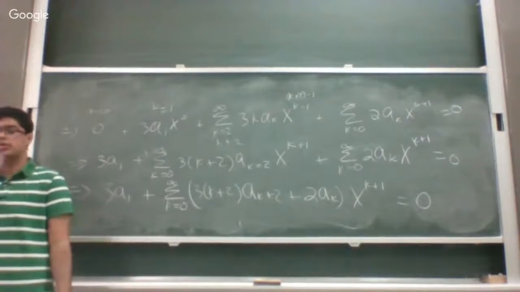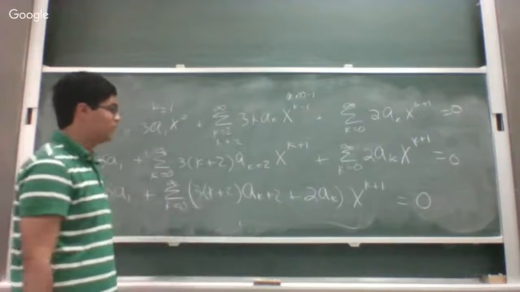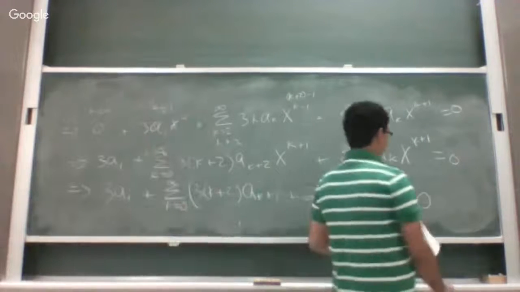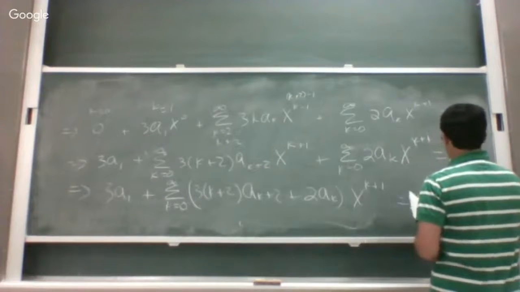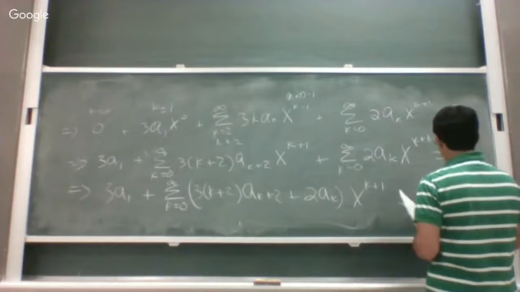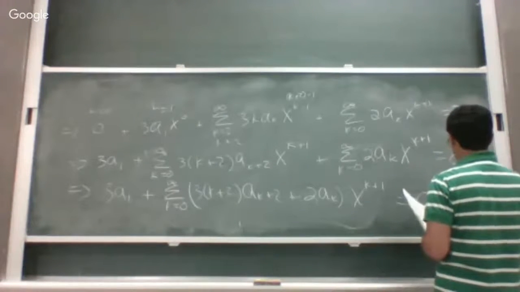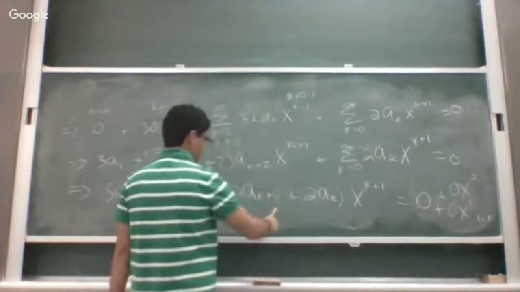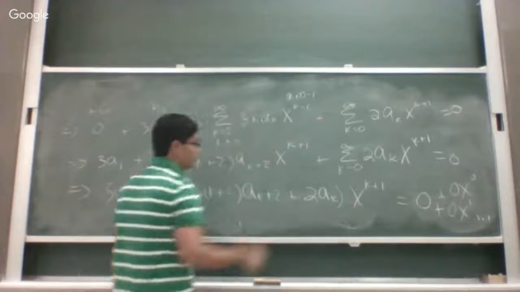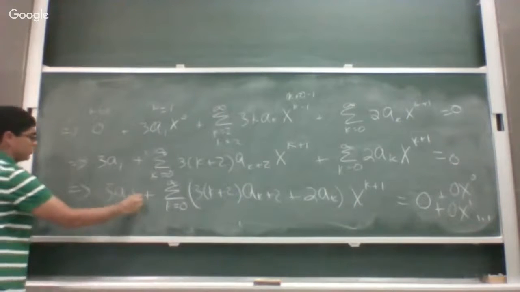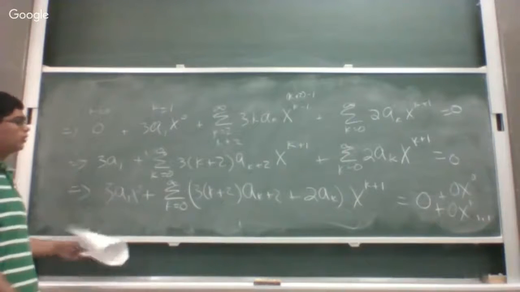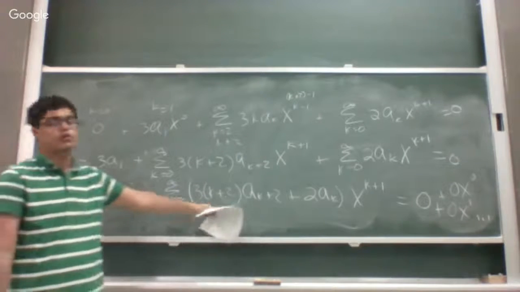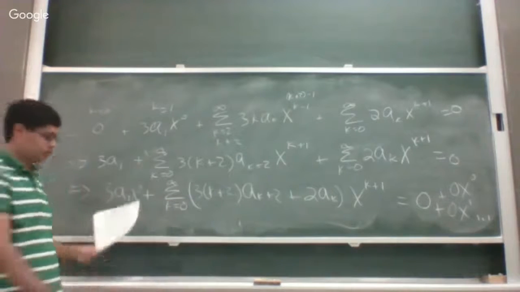Okay? Now you have to realize that this 0 means 0 plus 0 times x to the 0 plus 0 times x to the 1, dot dot dot. So any term here with an x component, each part equals 0.